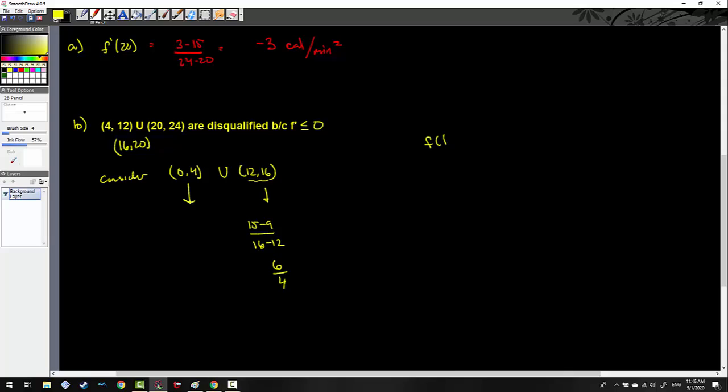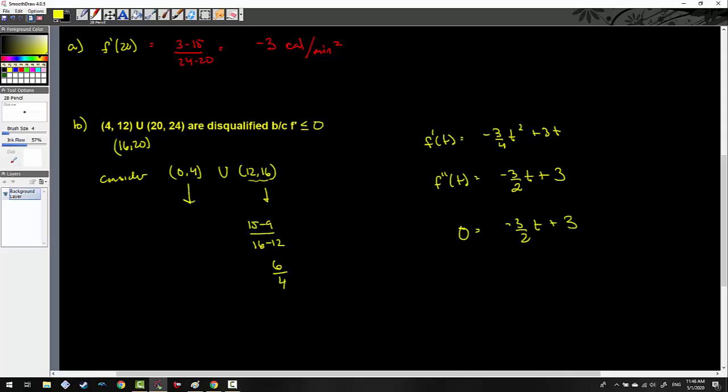So let's find out what f of t is. Well, f prime of t is going to be negative 3/4 t squared plus 3t. But remember, that just tells me increasing. I want to know increasing fastest. So that's going to be f double prime of t, giving me negative 3 over 2 t plus 3. I'll set it equal to 0 to find out when that happens.